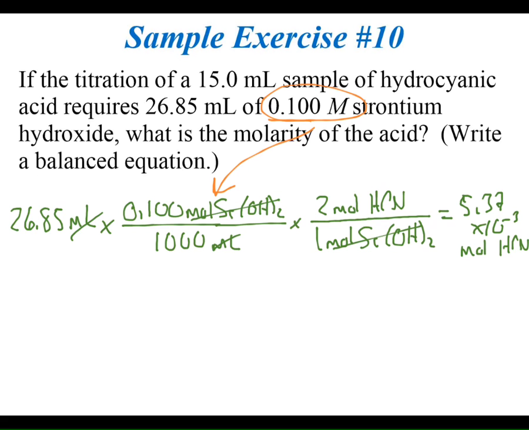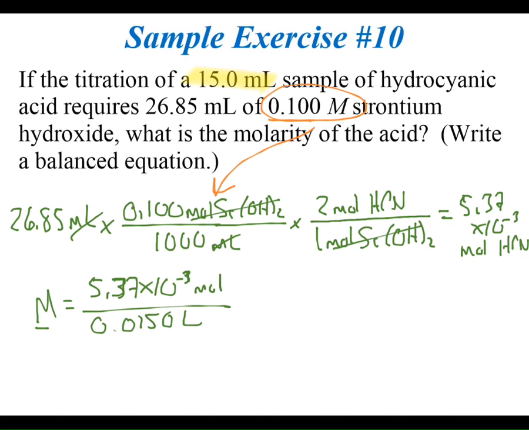So that's the moles. I want the molarity, the moles over the liters. So here's my milliliters. So I'm going to turn that into liters. Just for time's sake, I'm just going to save this little step here. 5.37 times 10 to the negative third moles over the liters. That would be 0.0150 liter if you did all that conversion. And we would get 0.358 molar, right?